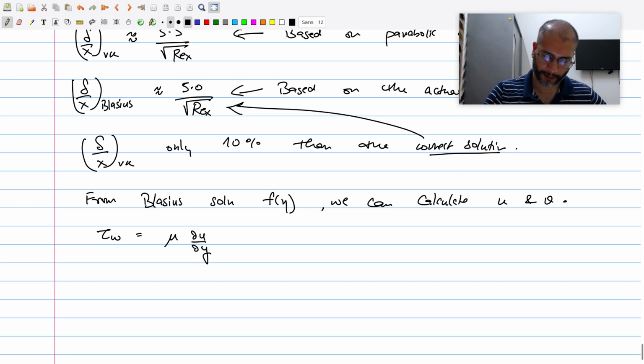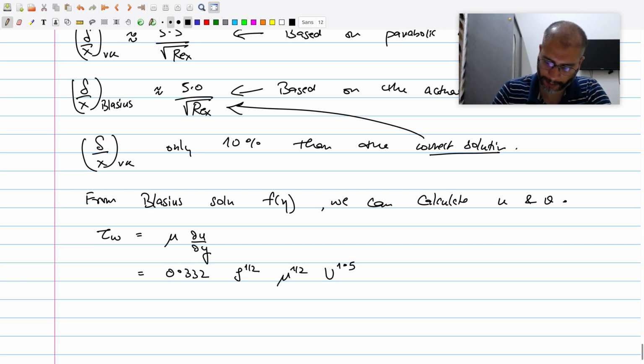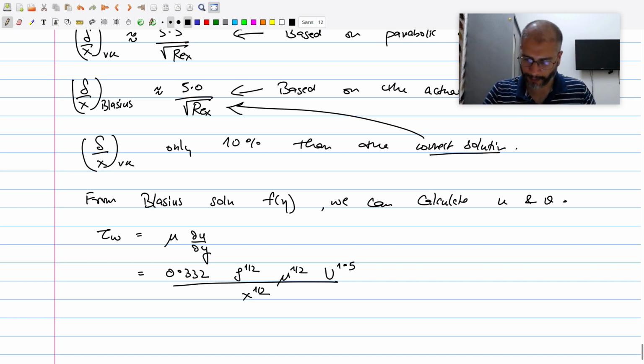If we put in all the values, this comes out to be 0.332. So this is what the wall shear stress is if I use the Blasius solution.